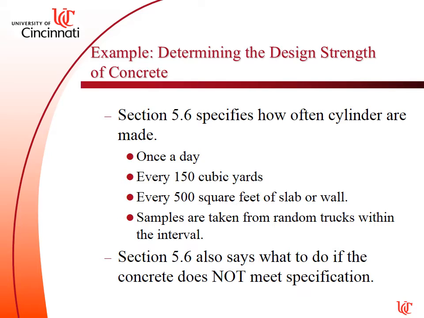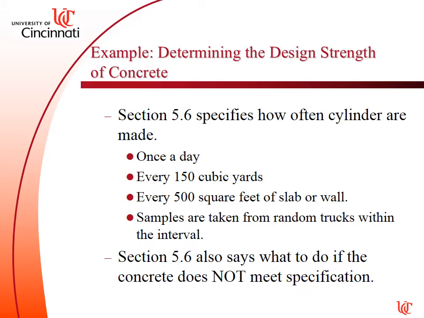But what the ACI building code is going to require, as well as many building codes, is sort of minimum values. In this quality control portion of the ACI building code, they will say that cylinders are to be made at least once a day, or at least every 150 cubic yards, or if you're doing a wall pour, at least 500 square feet of wall or slab.